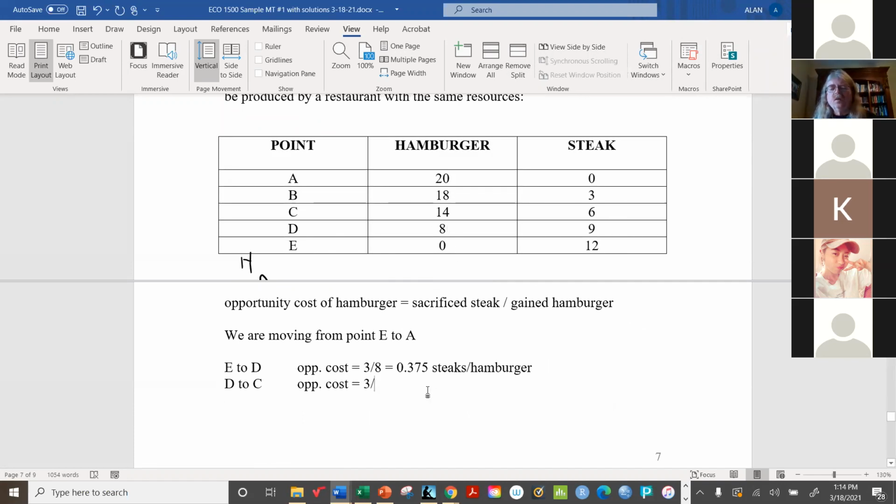In fact, if you really wanted to, you could write down the calculations too, but I think it's enough to show that you're losing 3 steaks and you're picking up 6 hamburgers. And of course, as you would expect, as we keep doing this, we're going to incur increasing opportunity costs because it is a curve. So then we go from C to B. We lost 3 more steaks. This time we only gained 4 hamburgers.